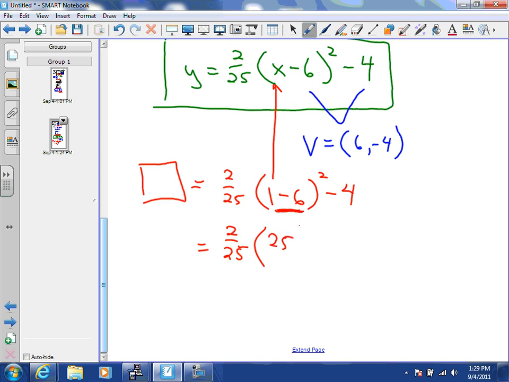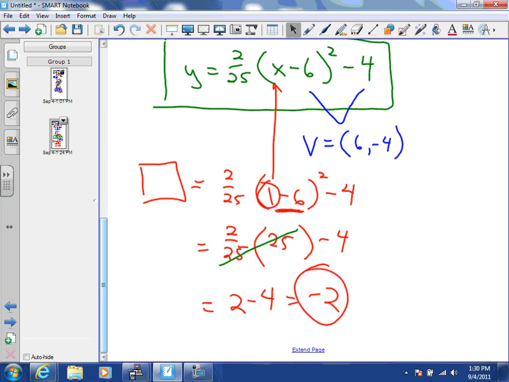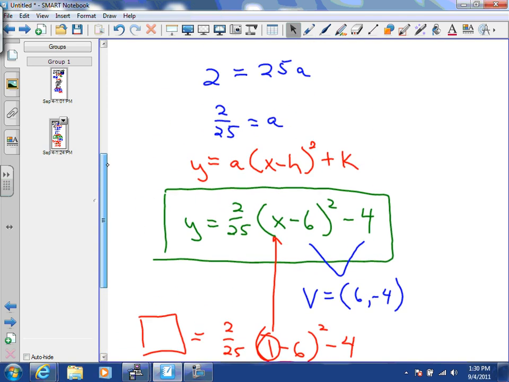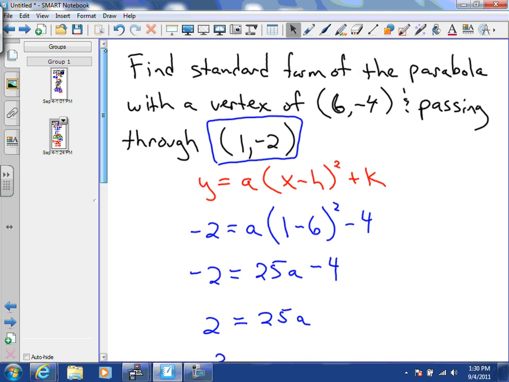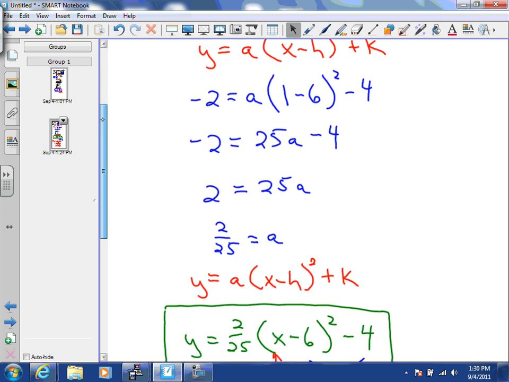This is going to be 2 25ths times, again, here is a negative 5. Square that, that's positive 25. Well, what happens when I multiply here? These guys cancel. And I get 2 minus 4 is negative 2. So I've shown that I have the ordered pair x equals 1, y equals negative 2.